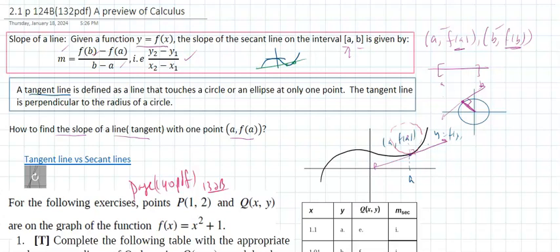We say, you know what, take this a and let's find another point. Take a and add h to it. What's h? A number. So let's say this is x equals 2. We start with 3, which means h equals 1. We find the slope of this line.